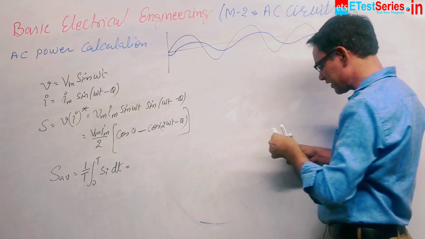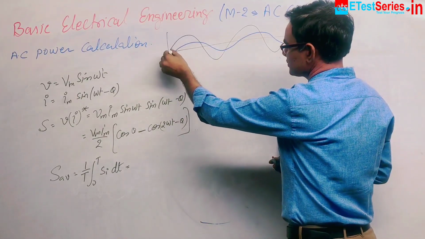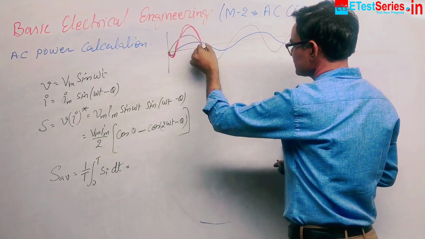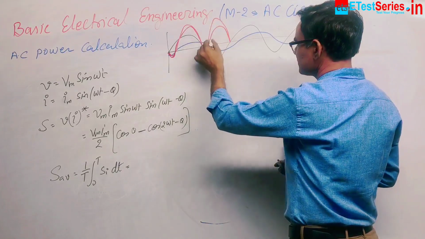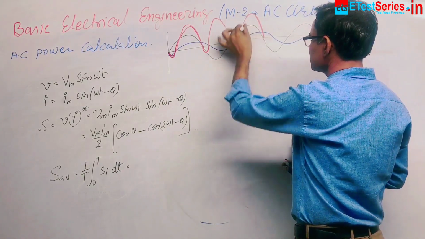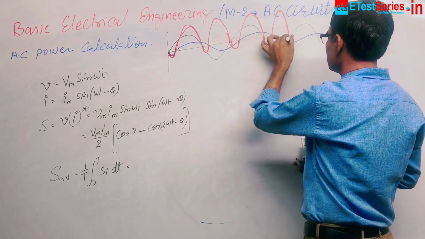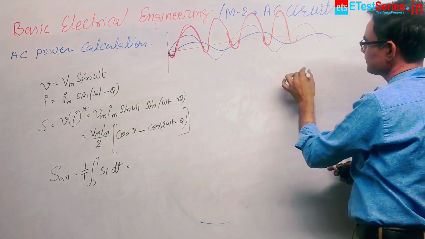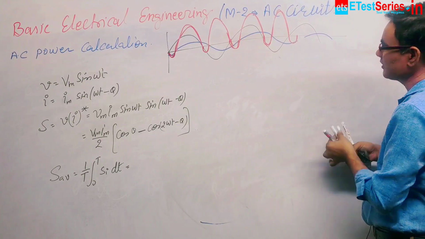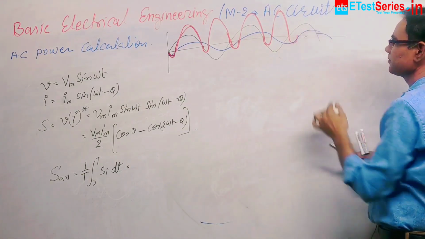Then the waveform diagram for the power is like this. This is how the waveform diagram of power can be represented.